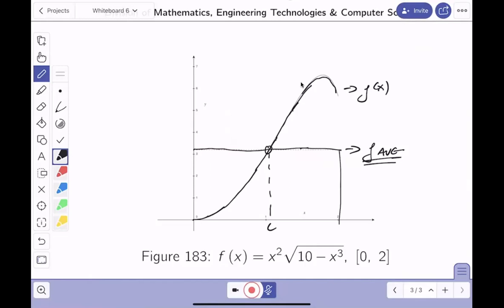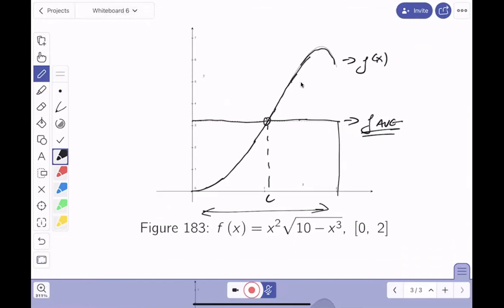That's all we're doing, we're squaring it. My claim is the area under the curve f of x is identical to that square part. And what's the area of the square part? f average times the length of the interval. Let's look at a better picture.